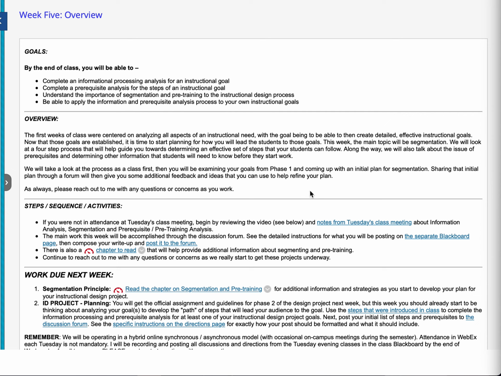All right. Beyond that, before we move into new material, because in a way tonight begins the next unit of the class. So far, we've been focused on analyzing and goal setting. And tonight we start to head in a new direction and actually build our instructional design blueprints.